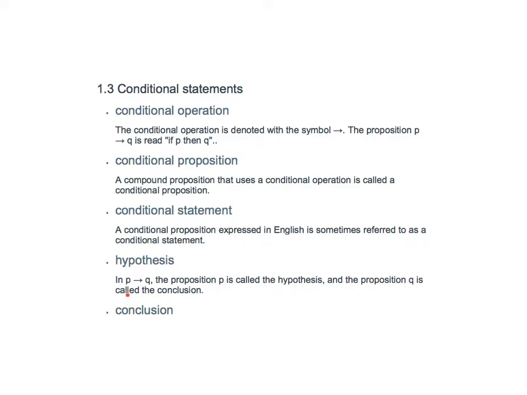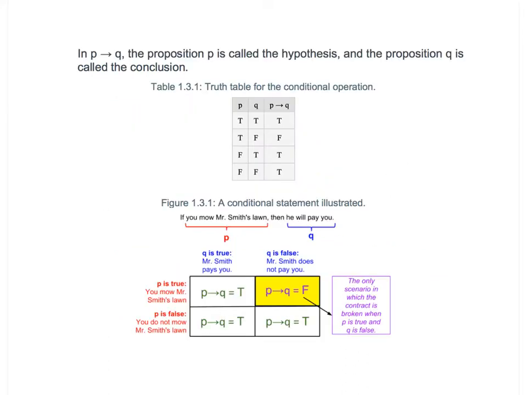If you have if P then Q, the proposition P on the left hand side is called the hypothesis of the conditional statement, and the proposition Q on the right hand side of the conditional operation is called the conclusion.